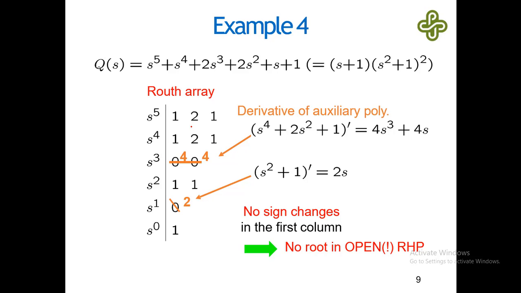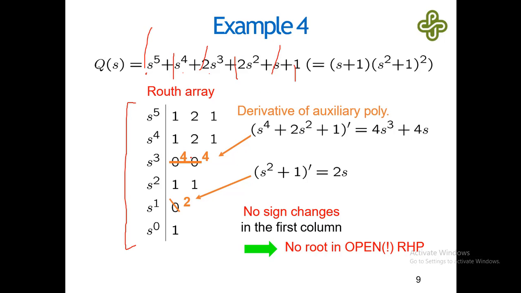Now let's take another example in which the complete row turned out to be 0. In that case, you can use the same procedure as well. This is the equation S5, S4, S3, S2, S1, and S0. Starting from S5 to S0, the coefficients were 1, 2, 1, and again 1, 2, 1, 1, 2, 1.